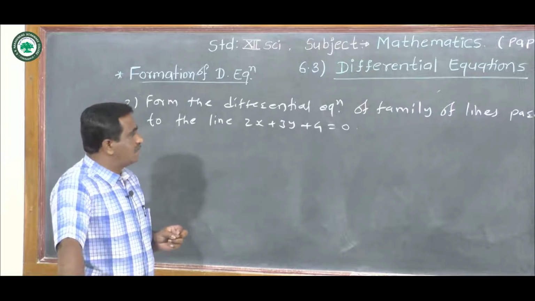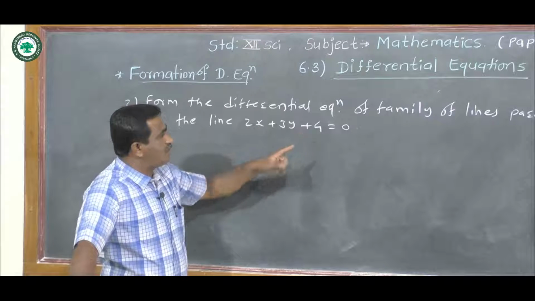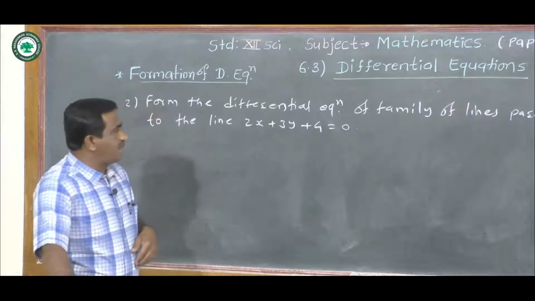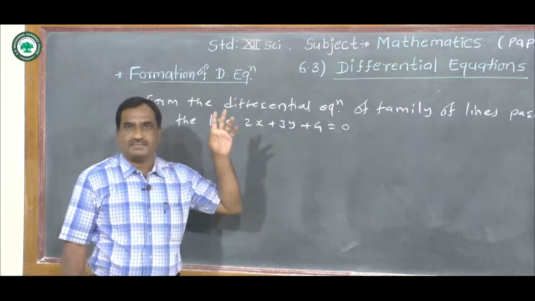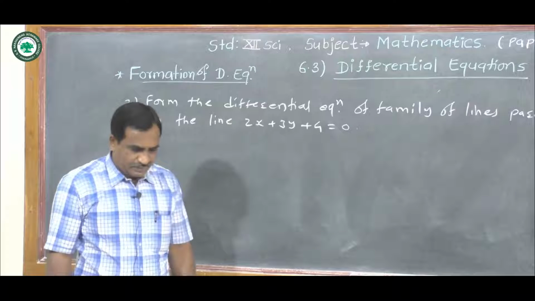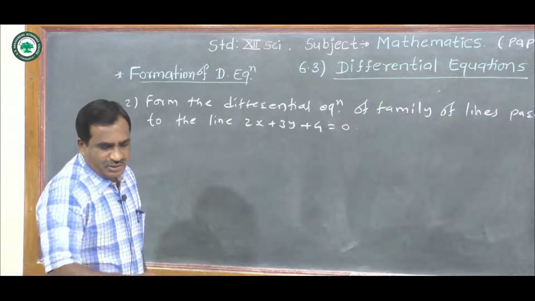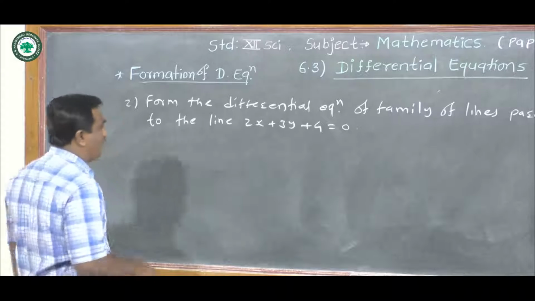That is, the lines which are parallel to 2x + 3y + 4 = 0 can be written in the form 2x + 3y + k, with constant term k. k is a parameter. Okay. Now write down the equation of the family of lines.